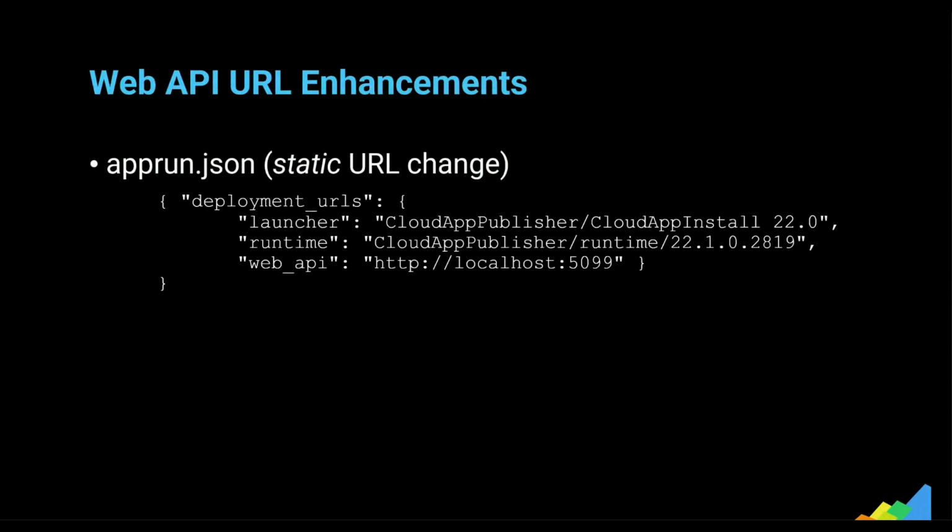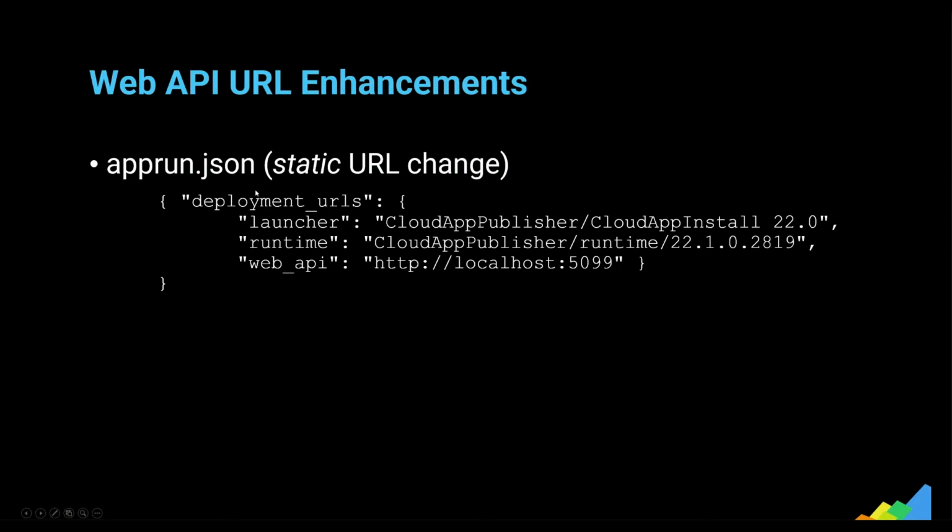Now let's talk about enhancements when it comes to calling the PowerServer API. You can specify the web API URL in the following way. Each client app deployed to the web server now contains an app run JSON file.